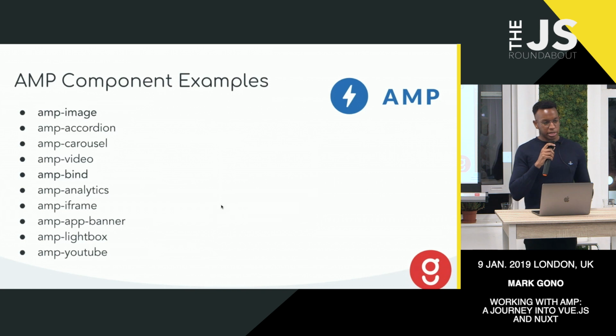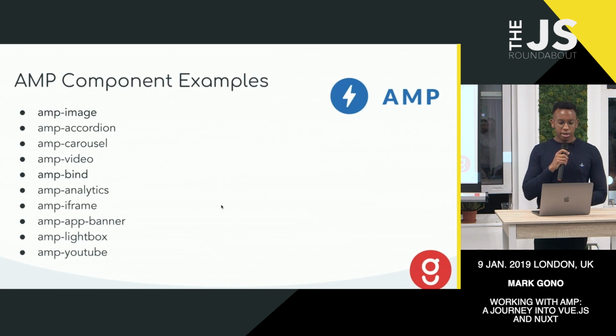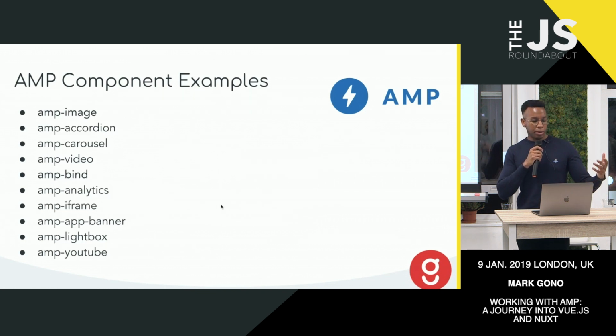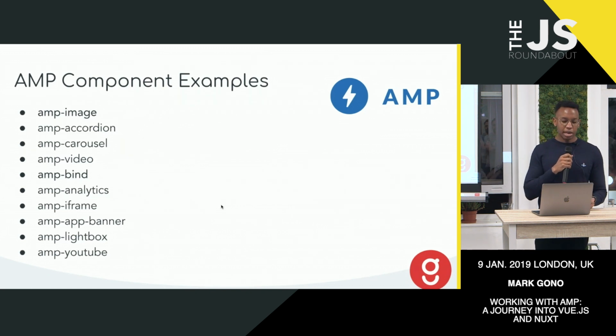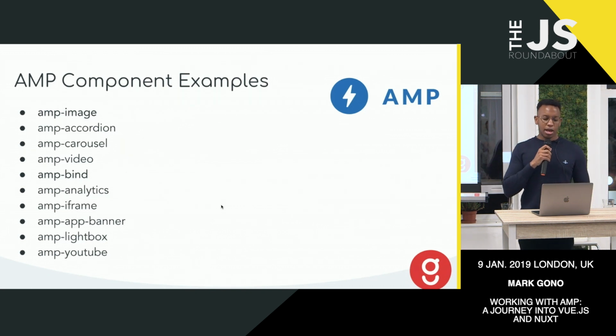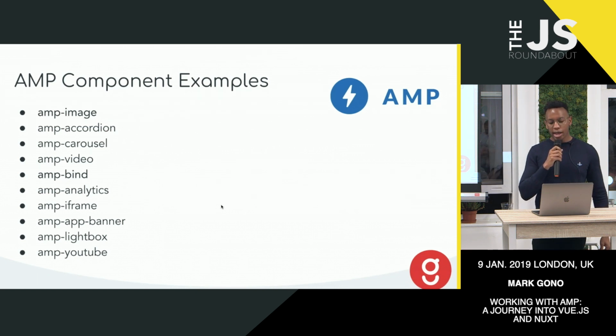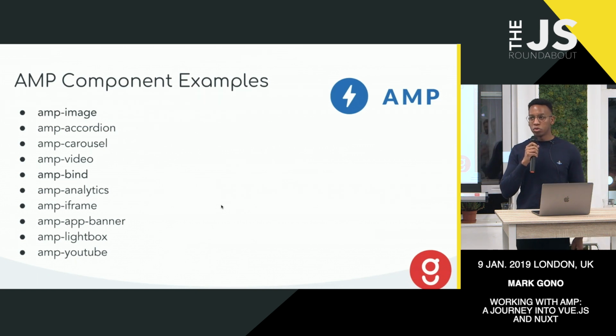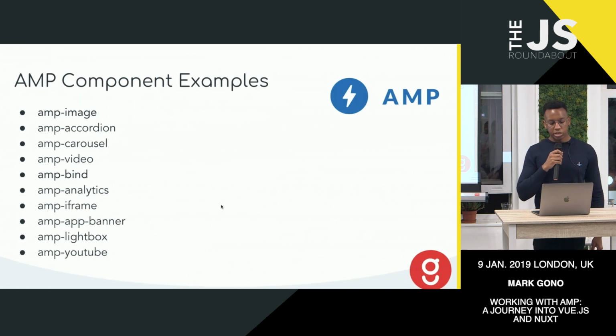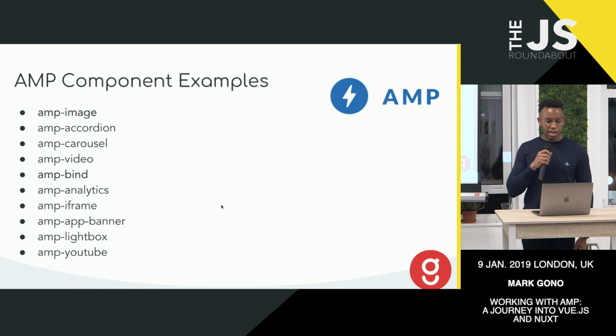Some of the examples that are contained within the actual library, you've got basic elements, so you've got the image, accordion, carousel elements that you can use within AMP, as well as some others that are not quite elements, but they are almost APIs within the AMP library, such as AMP bind, analytics.